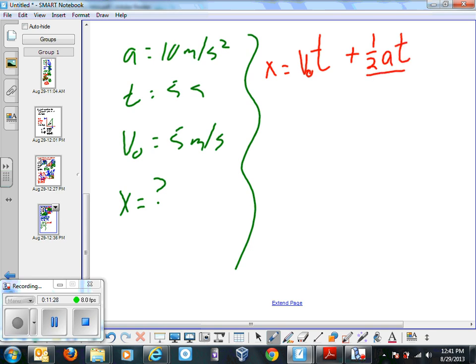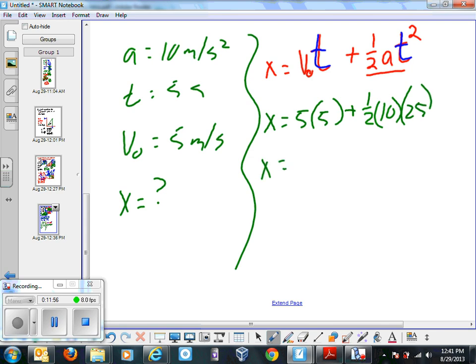This part right here is an average velocity caused by the acceleration times time. So velocity times time is another displacement. And keep in mind, these t's are definitely the same t, the same number. We'll fill in our numbers here. Our initial velocity we said was 5 times 5. Our acceleration is 10, times 25, with the 1/2. So we can see that we have 25 plus 125. Our final displacement should be 150 meters.